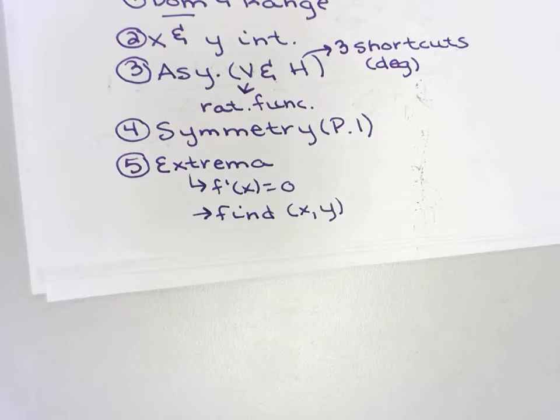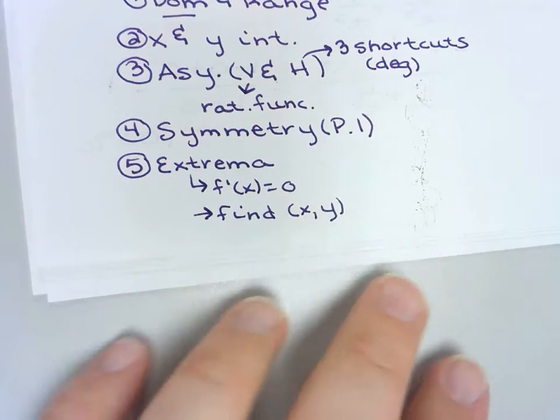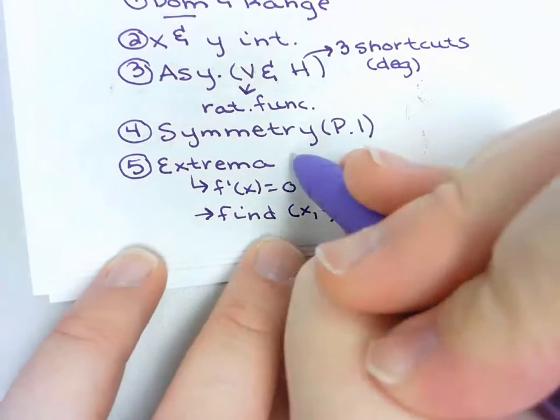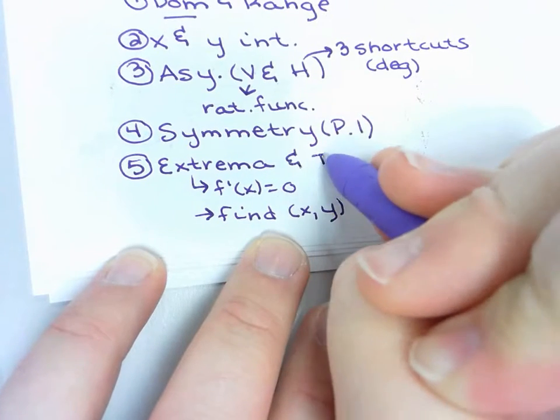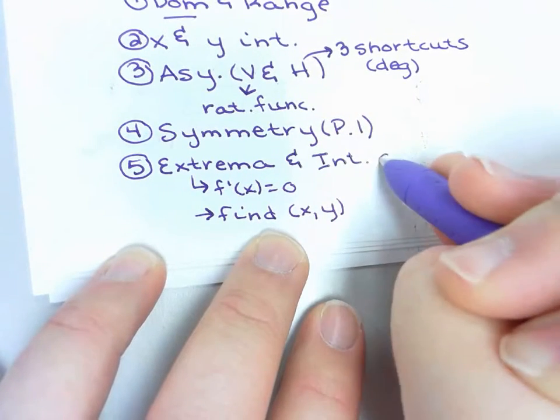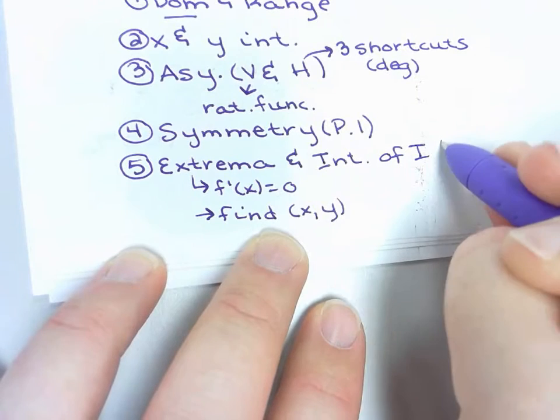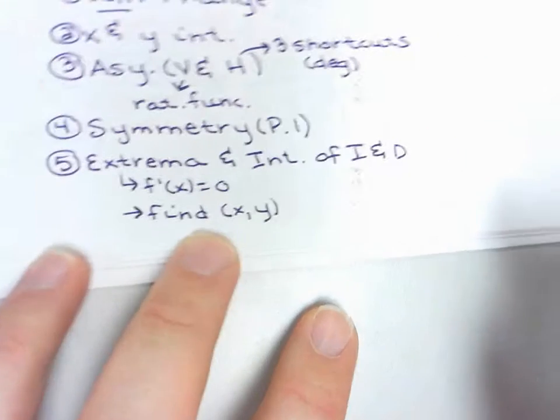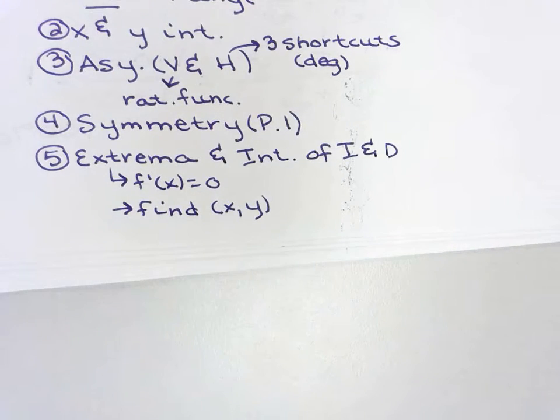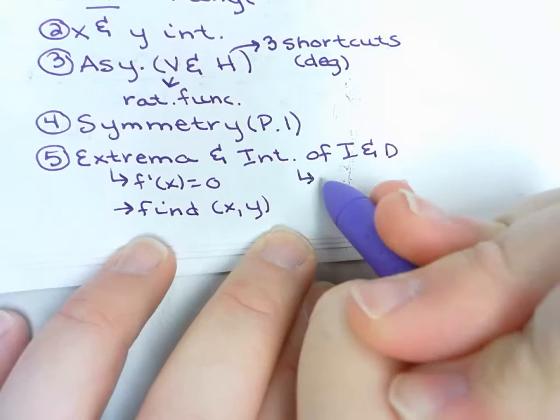Let's see, number 6 is going to be 5. I'm going to put extrema and intervals of increasing and decreasing, which we've done before. So you take your critical points, look at your domain, create your intervals, and then check where it's increasing and where it's decreasing. Plug back into first derivative. Let me put a note of that.